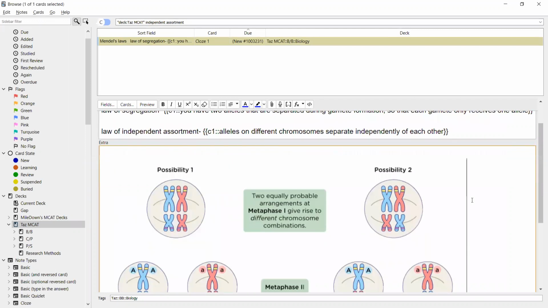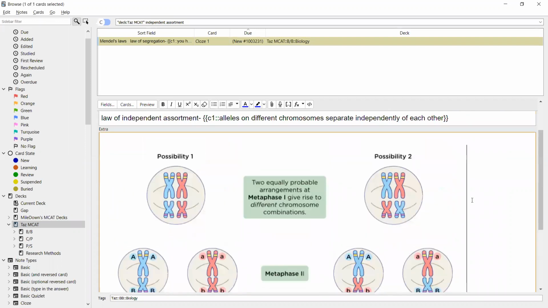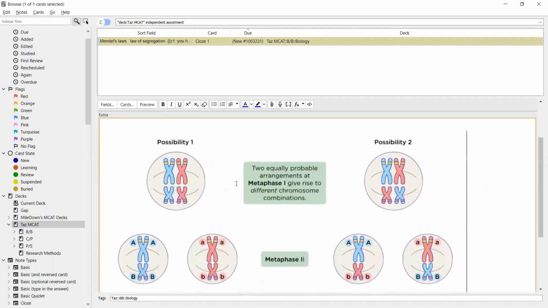So this is metaphase 1, where the homologous chromosome pairs are lined up in the middle and then getting separated into two cells, and those cells will get separated into 4 cells.